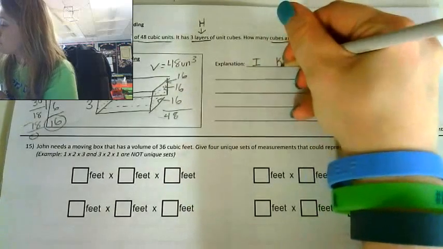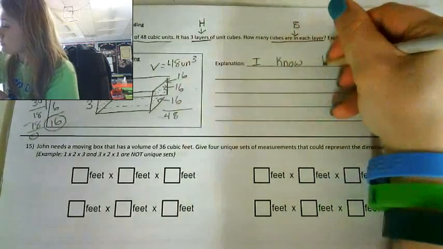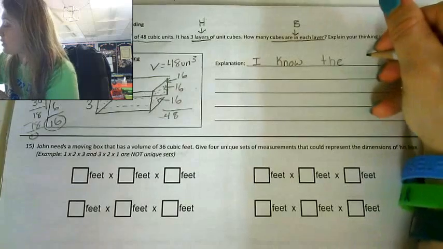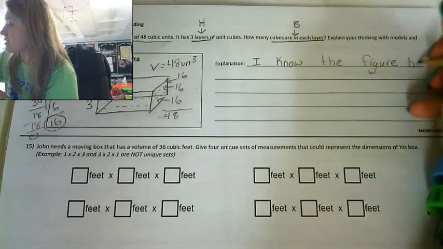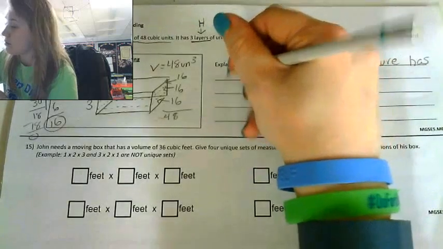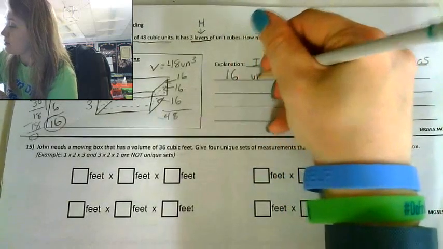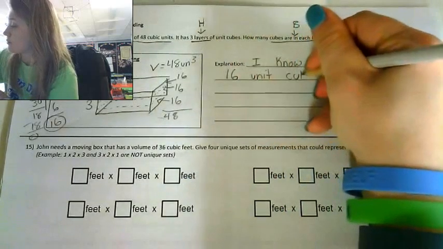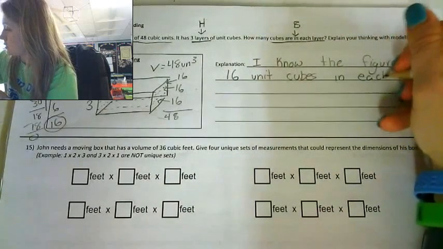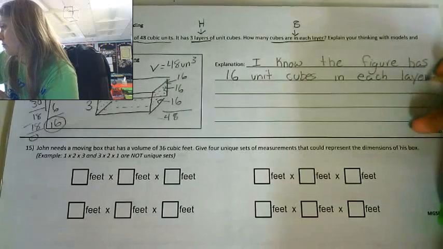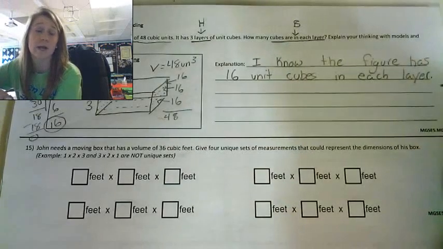I know the figure has 16 unit cubes in each layer. So first I'm going to tell them what I know.